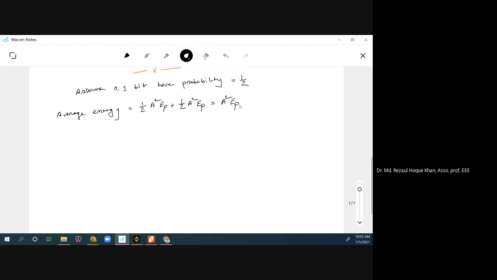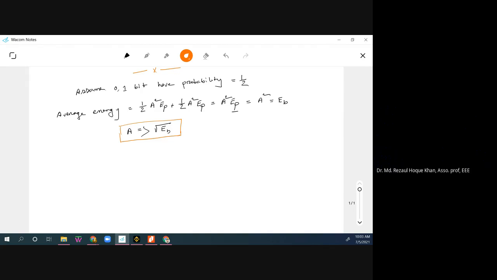We know EP is 1, so it's A squared. A squared is nothing but EB, the energy per bit. So we can write that A is the same thing as we did earlier, because we already did this for BPSK and ASK. These few things will be repeating again and again.